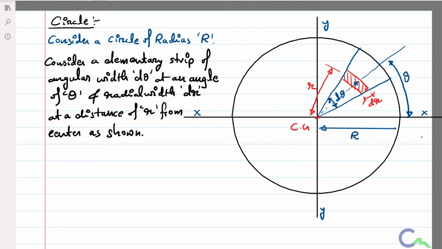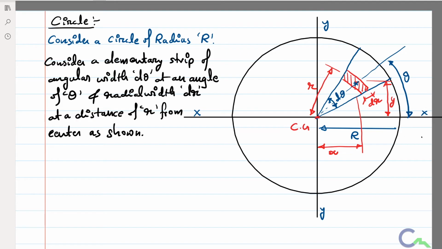Now the CG of the elementary strip I will consider at a distance of small letter x from the YY centroidal axis, and at a distance of y from the XX centroidal axis.